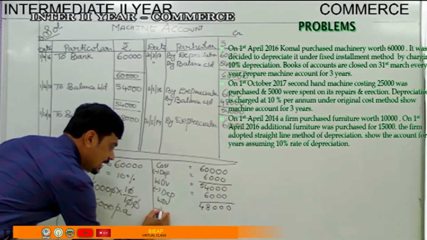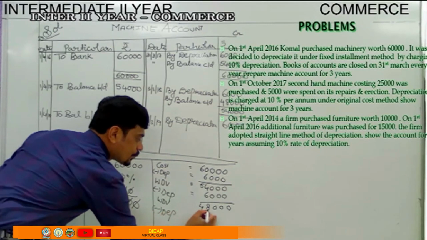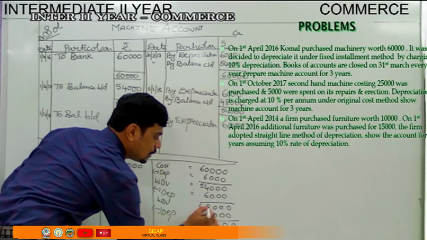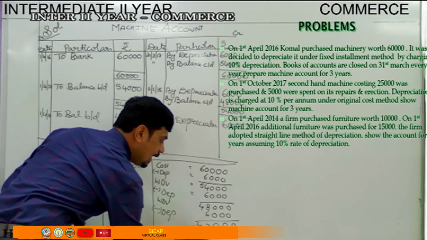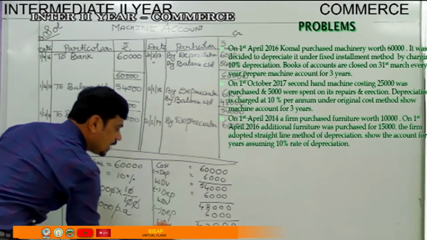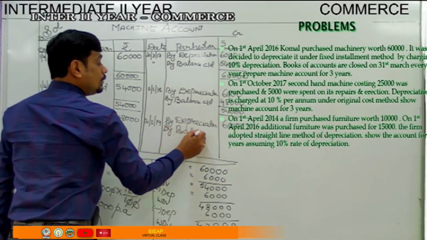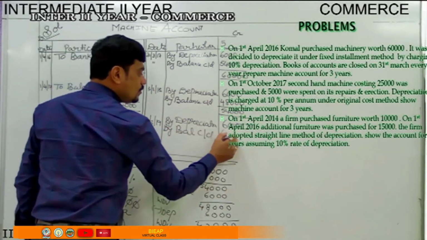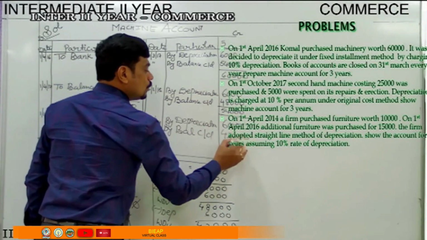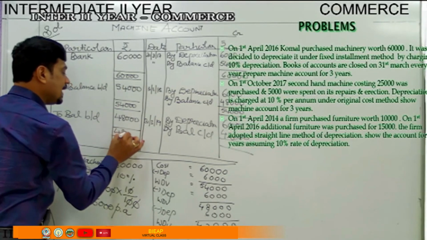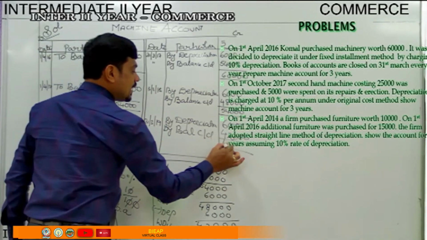So I'll minus again 6,000. 0, 0, 0. 8 minus 6, 2 and 4. This is written down value again. So close, by balance carried down, 42,000. Close the account with 48,000 on both sides.